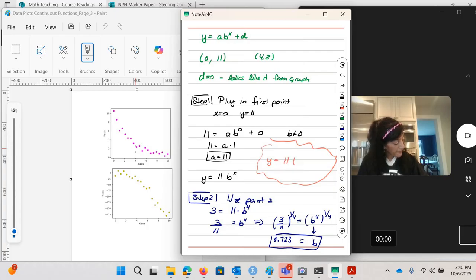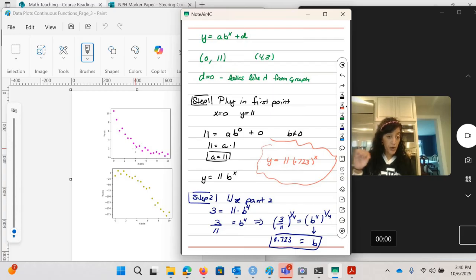B was 0.723 to the x. And this is how I use it in the doctor's office. Once I figured out the a and the b, I just plug in my time. X would be my time. And so if it's been 3 weeks since I started my medication, I'll put in 3 weeks and it'll predict for me where my thyroid should be. If it's supposed to increase, it'll be the other way around.